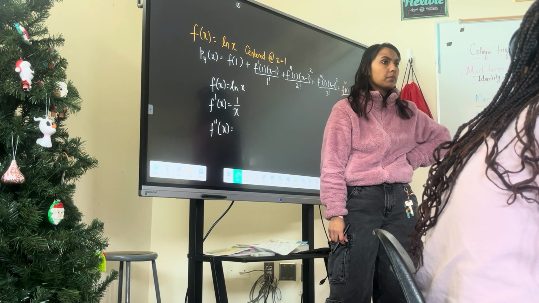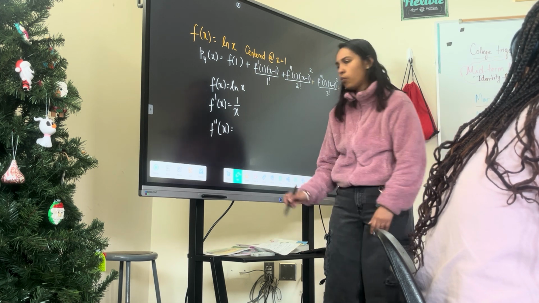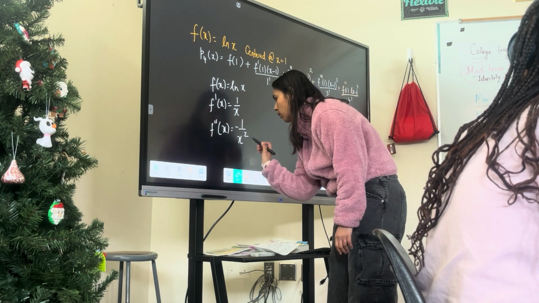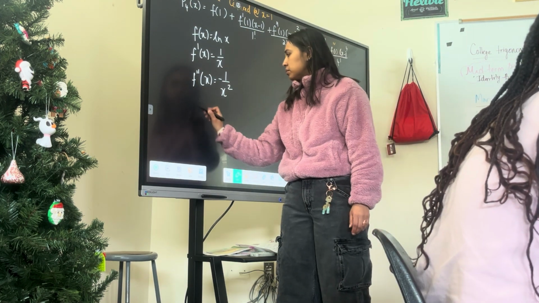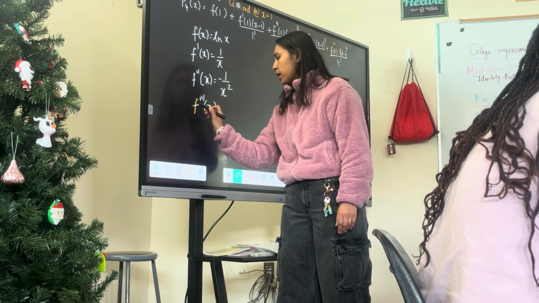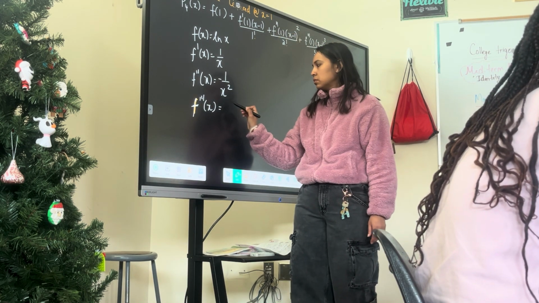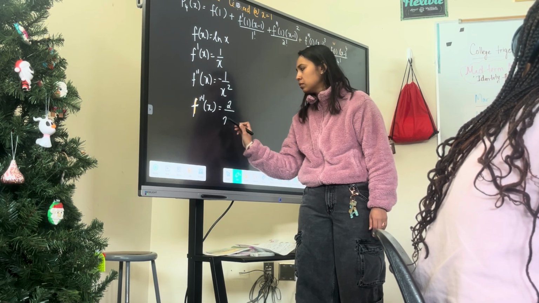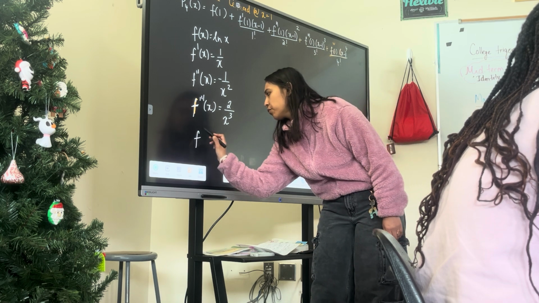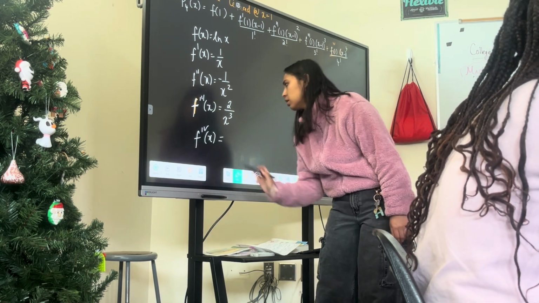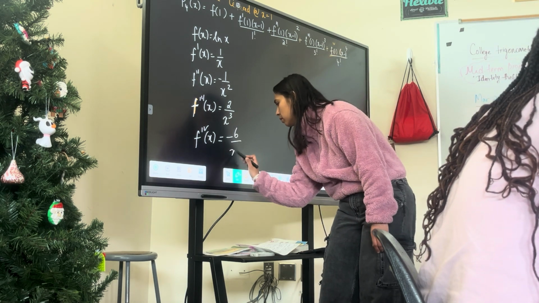Negative 1 over x squared. Yeah, you see, I can't be waiting for you all. We don't have time. f triple prime of x is positive 2 over x cubed. The fourth derivative is negative 6 over x to the fourth.